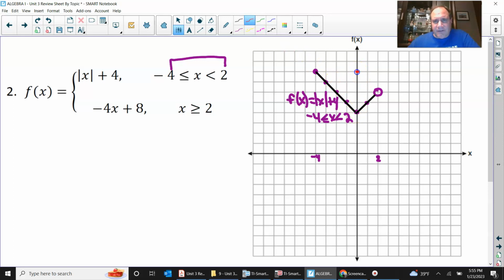This is negative 8 right here. And they just want it where x is greater than or equal to 2. So it's down 4, over 1, down 4, over 1. So this right here is a closed circle. This is where I'm going to start. And then down 4, over 1, down 4, over 1. And that's about it.